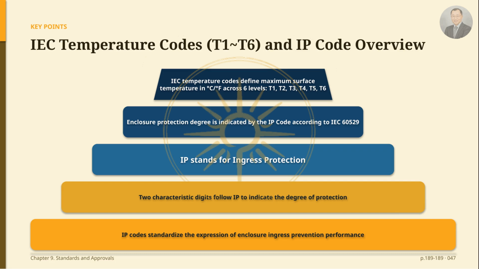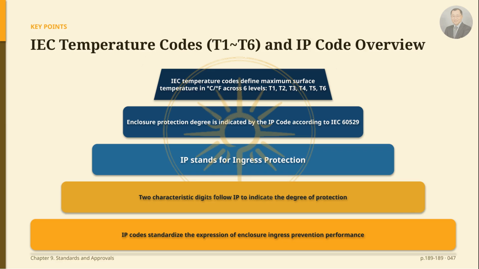IEC temperature codes consist of 6 levels: T1, T2, T3, T4, T5, and T6, and each code specifies the maximum allowable surface temperature in degrees Celsius and Fahrenheit. Next, the degree of protection for enclosures is indicated by the IP code according to IEC 60529.